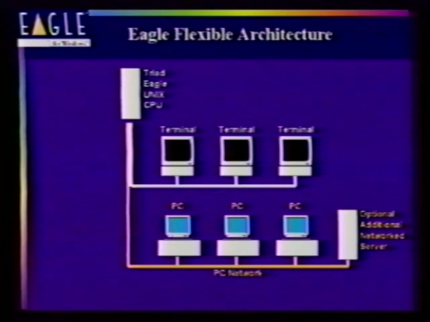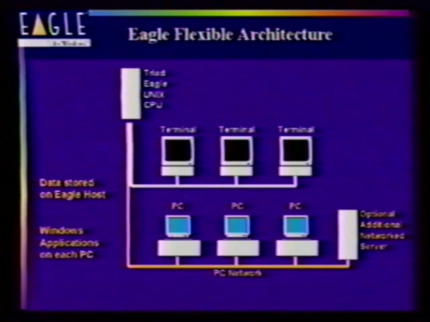In this new environment, all of your data continues to be stored on the Eagle server, but the actual Eagle for Windows PC programs that we looked at a few moments ago reside on each PC workstation. We have even built in the functionality to have older Triad terminals running the older applications operating side by side with PCs running the Eagle for Windows software.